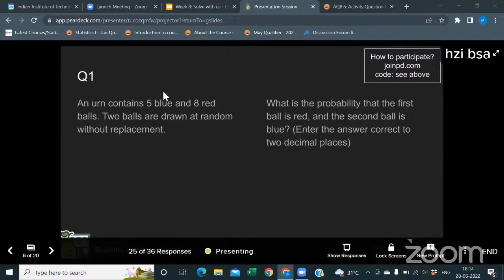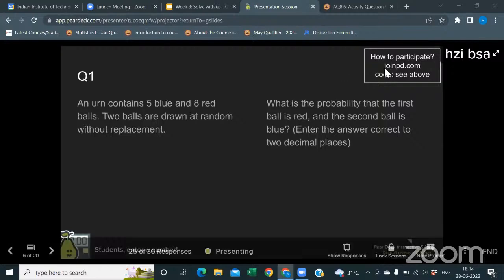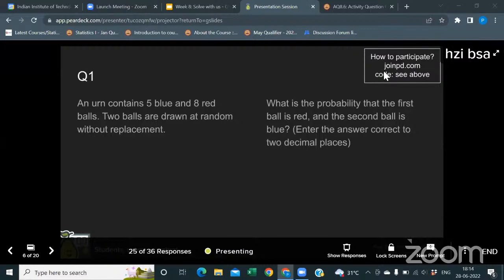People who have not joined this Peardeck till now, kindly enter joinpd.com on your browser. After that, enter the top right corner code, HZIBSA, and then you will see this slide. Kindly join so that we can solve the questions together. There are 25 responses. Let's wait for a couple of seconds.